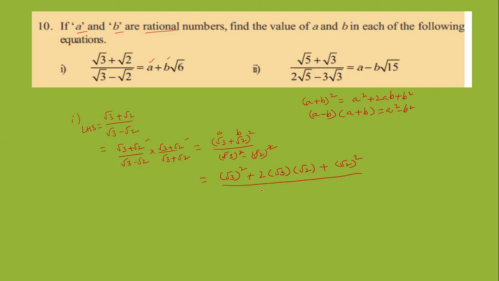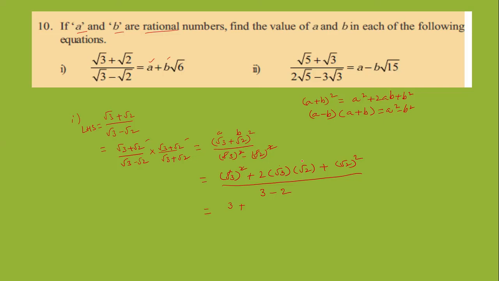Now in the denominator, A plus B into A minus B, A square minus B square: root 3 square minus root 2 square. You may cancel the square symbol and the square root symbol in both the terms. Now in the first term, what is the remaining base? 3. In the second term, the remaining factor is 2. In the numerator, these cancel, leaving 3.